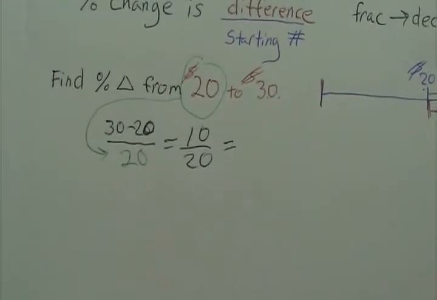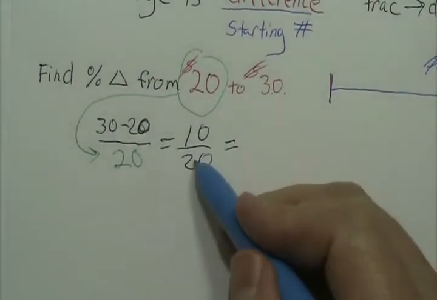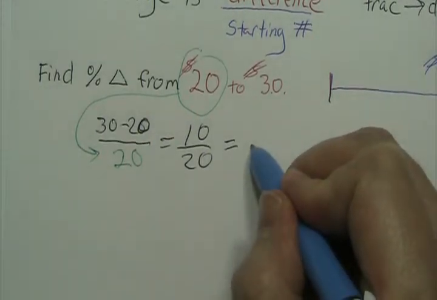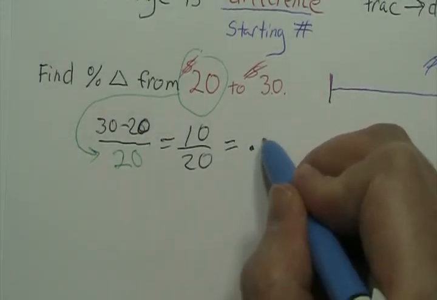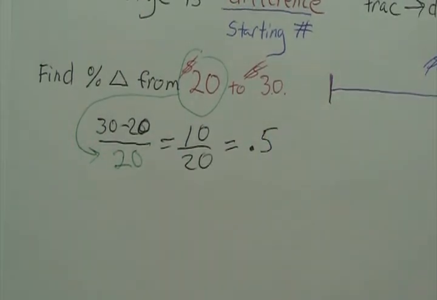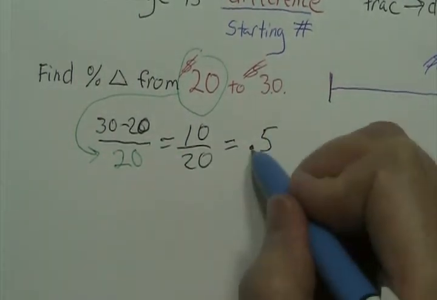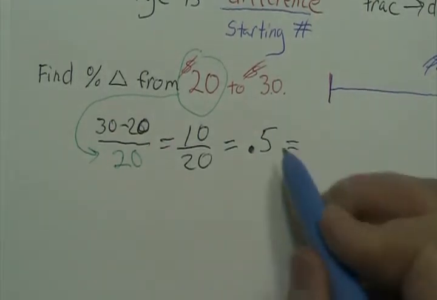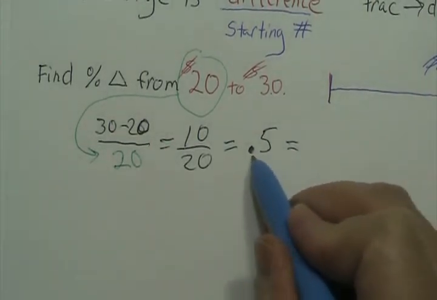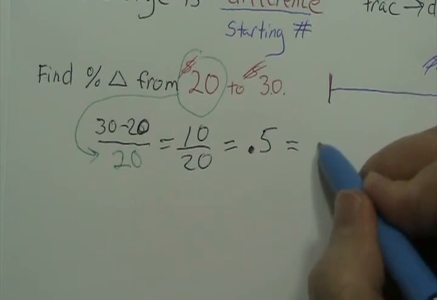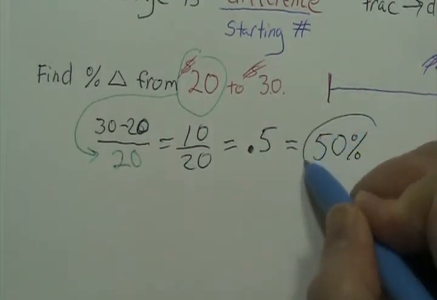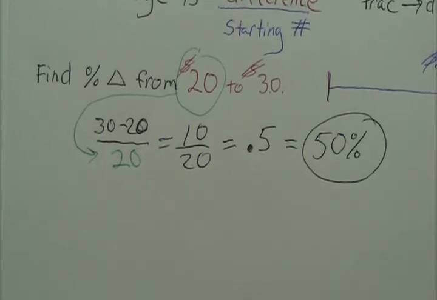Then you just take your calculator, 10 divided by 20. If you do that, you'll end up with 0.5. Right? 0.5. And so 0.5 as a percent is, with the decimal over 2 spaces, 50%.